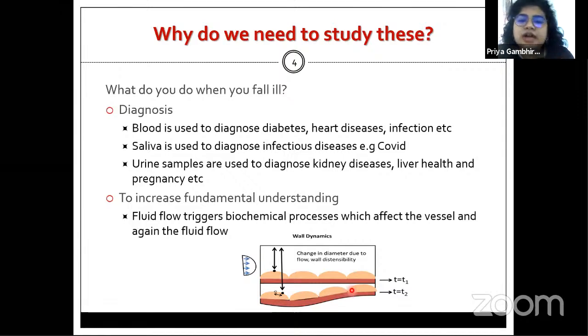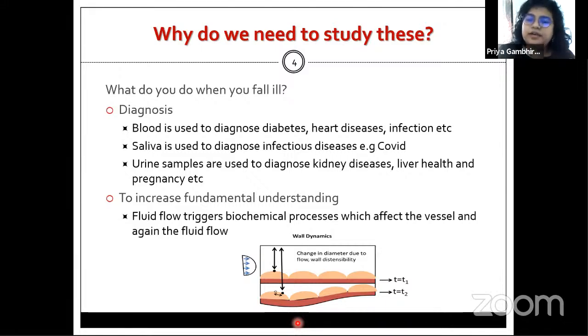Okay, so this expansion happens because of the blood flow. It triggers a lot of biochemical processes. For example, it triggers the endothelial cells to release vasodilatants, which are chemicals that will soften the wall further and allow it to expand a little bit more.